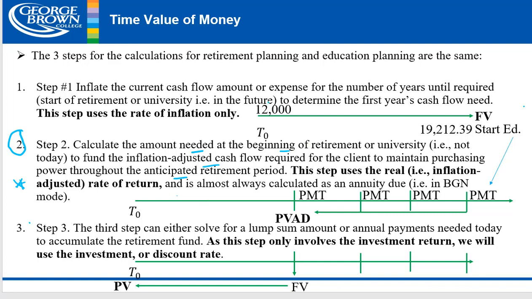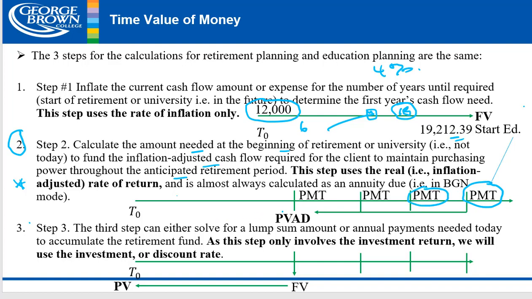Okay, step number 1, we calculated that the present cost of education is $12,000. The child was 6 years old. They're going to go to school when they're 18, so that is 12 years from now. Inflation is at 4%, so that $12,000 when the child starts education is $19,212, round it down. That becomes your payment in step number 2.